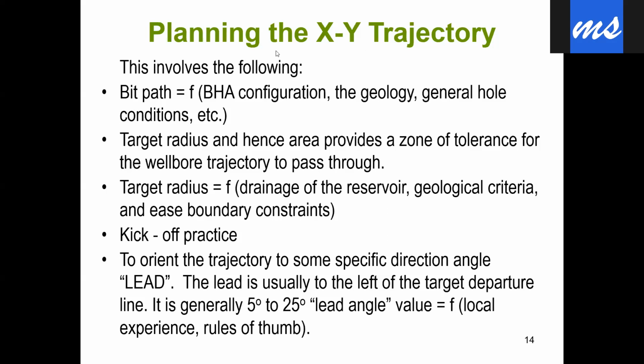And during the planning phase, we need to know the lead angle. The lead angle is a function of local experience and rules of thumb. What is the meaning of lead angle? Normally the azimuth is walking to the right. They call it the walking to the right phenomenon.